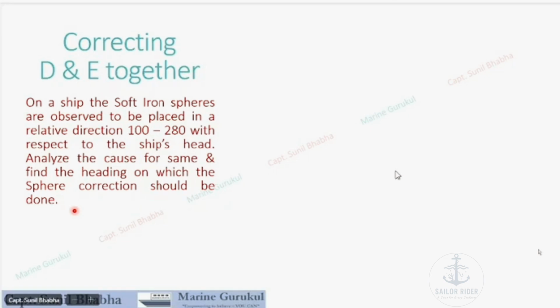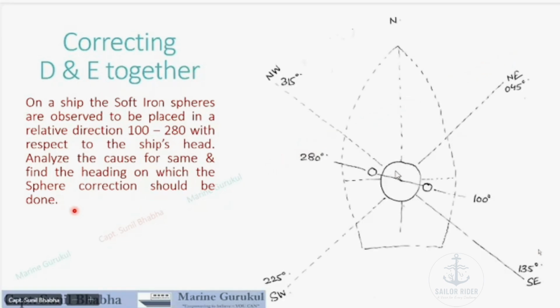Let me show you a diagram. So we see the ship here, and on the ship we have the compass. The circle which you see in the center represents the compass, and the spheres are fitted on this ship in a relative direction of 100 and 280. This is a relative direction with respect to the ship's head. Let's assume for the time being that the ship is heading north.